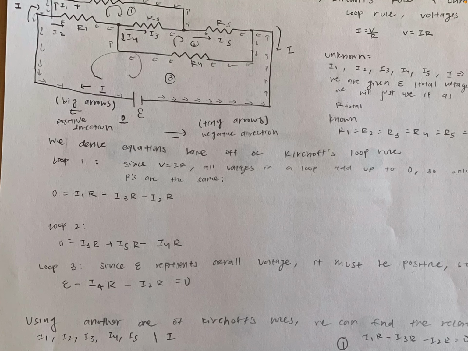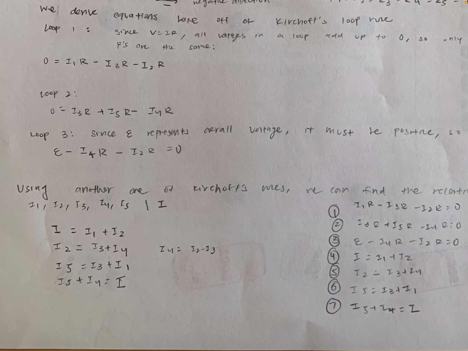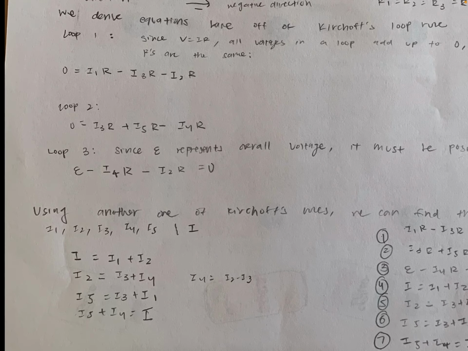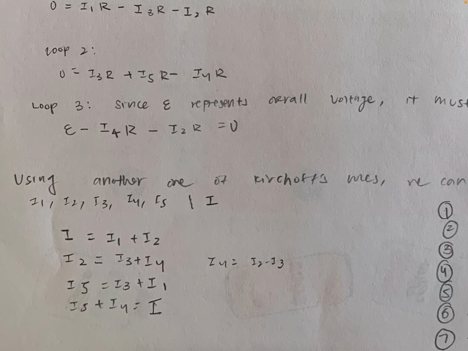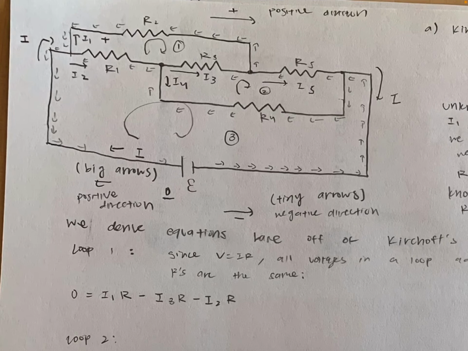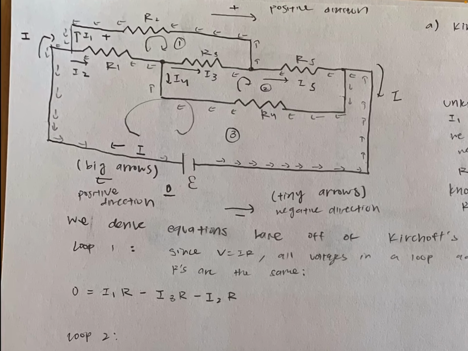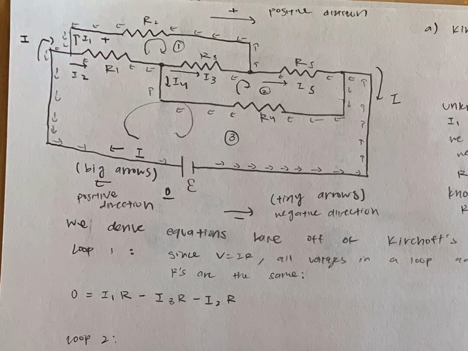Then, using another one of Kirchhoff's rules, we could find the relationship between I1, I2, I3, I4, I5, and I. It's like when the current splits off. Here, you can see I splits into I1 and I2, so I equals I1 plus I2. And then I2 splits into I3 and I4, so I2 equals I3 plus I4.